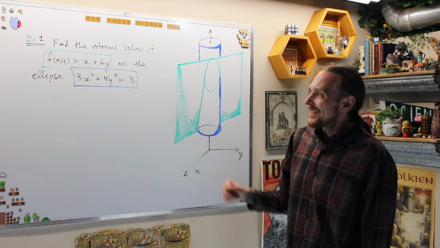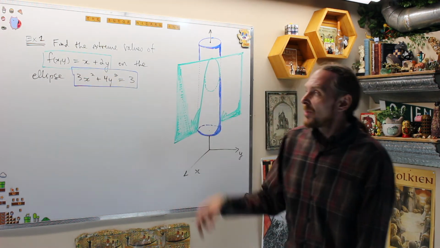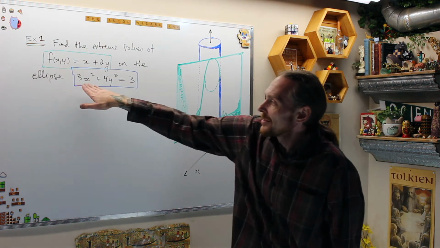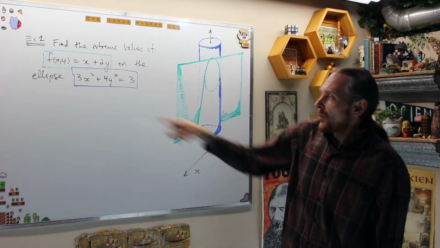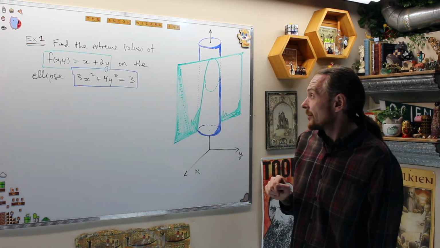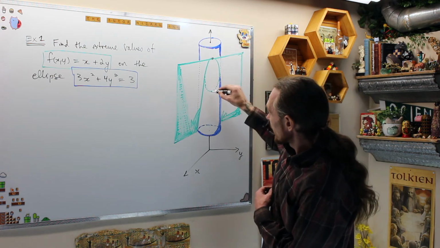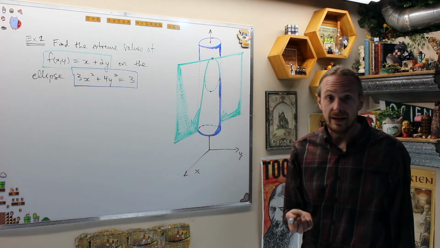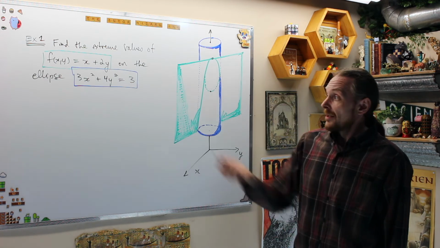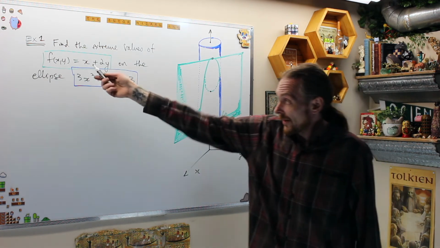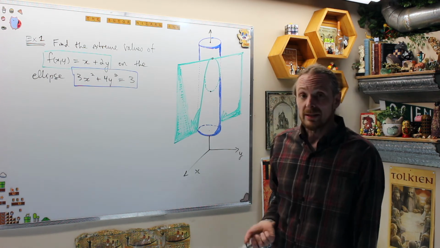For this one specifically, I have a function f, x plus 2y. We have an ellipse, 3x squared plus 4y squared equals 3. What I'm going to try and find are the max and the min values of f of x, y on this ellipse, which is my constraint.